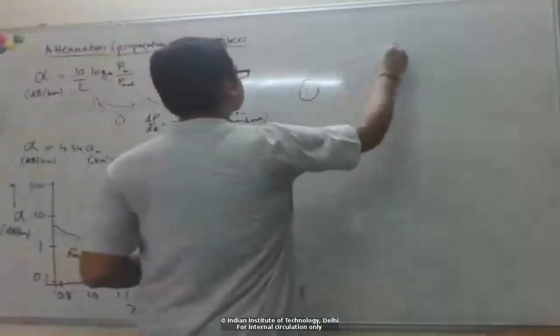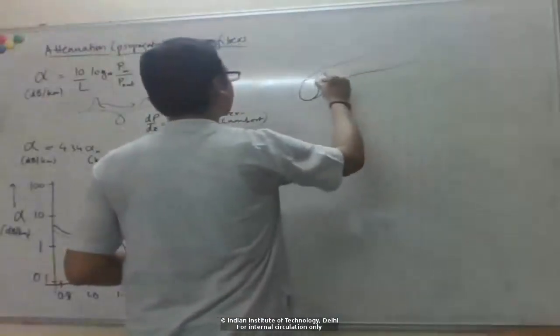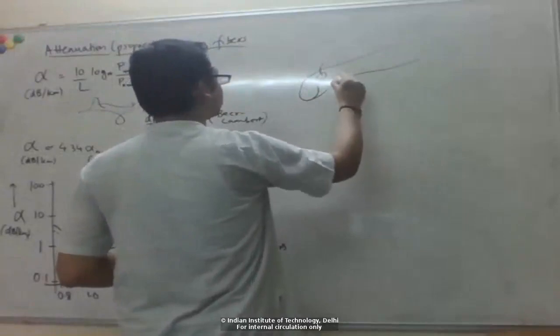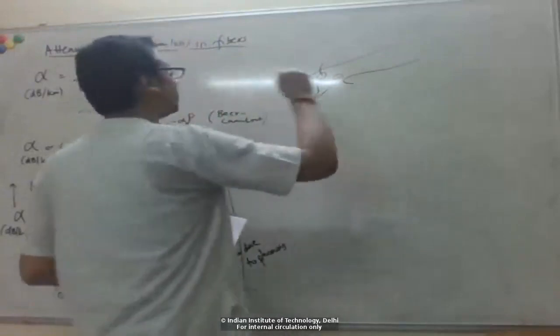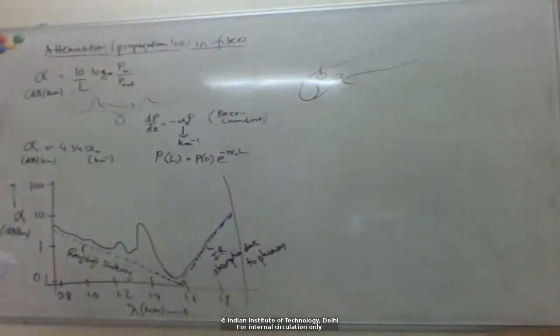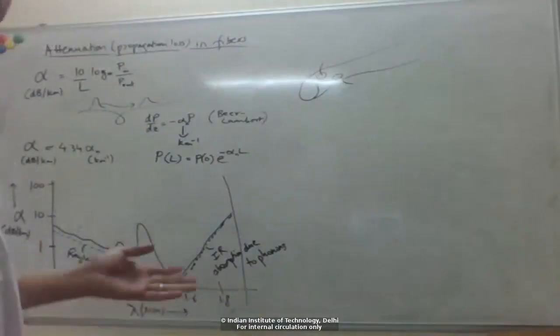If you take some fiber here, and you take a position here and see what the density is, that might be slightly different than some other position here, right? So there are some small density variations with position, and these density variations basically cause scattering of photons, right?